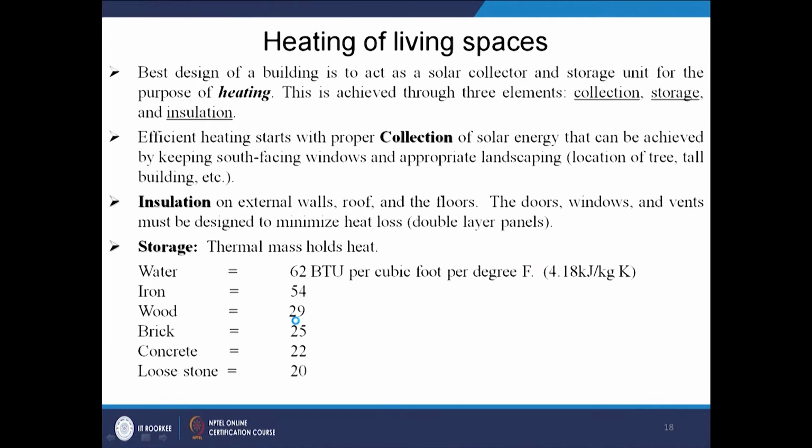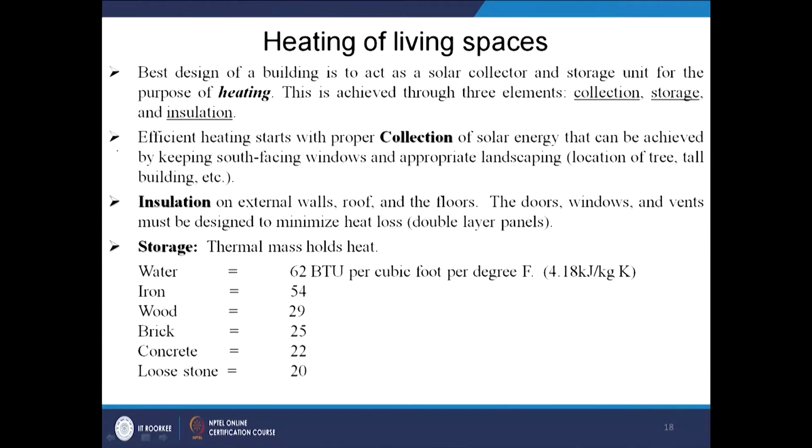This can be done basically by using windows in the south face. Efficient heating starts with proper collection of solar energy, which can be achieved by keeping south facing windows and appropriate landscaping. That is the collection part. Storage we can do using thermal mass.